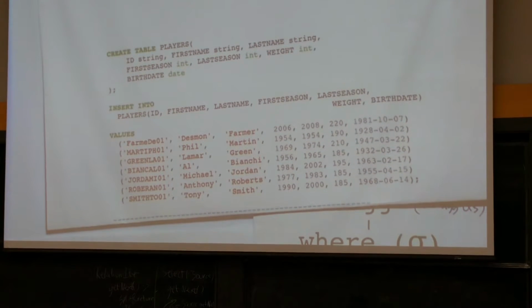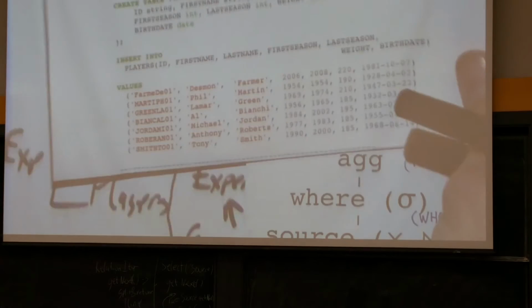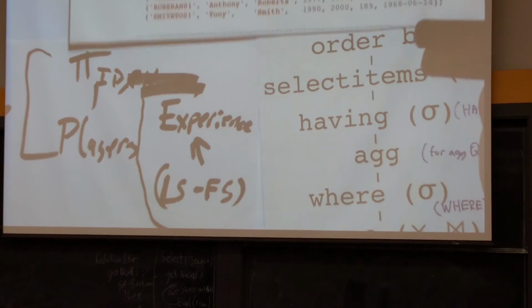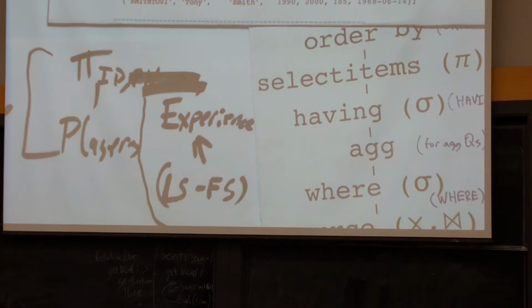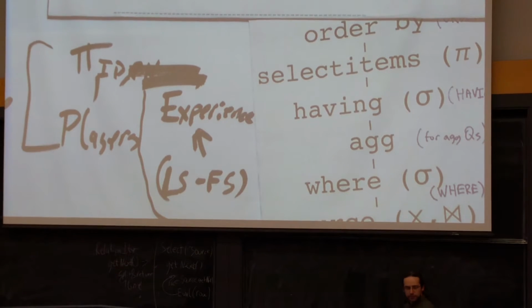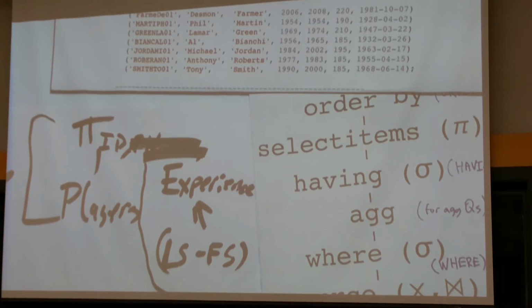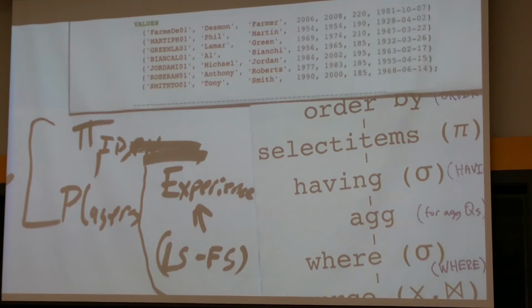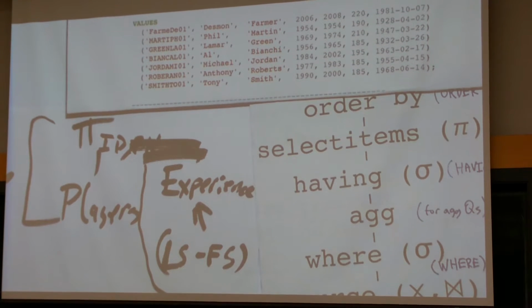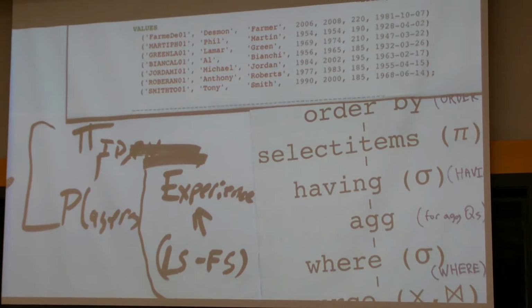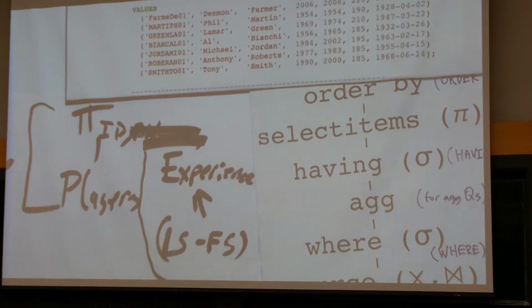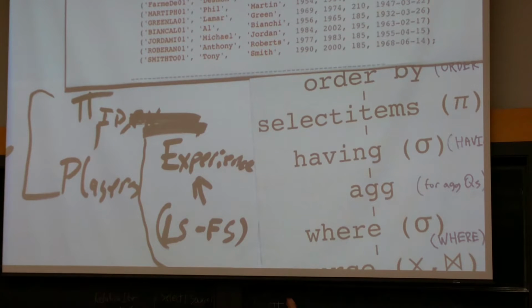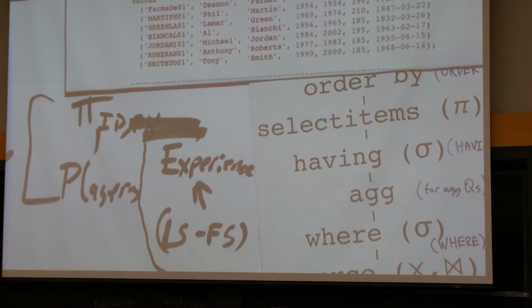So what's that going to look like for our input data here? First row, the projection operator.